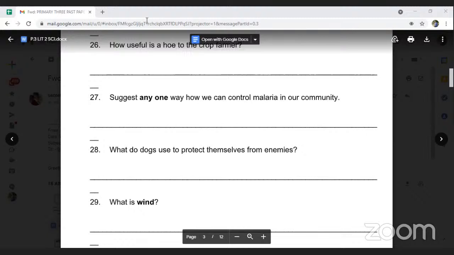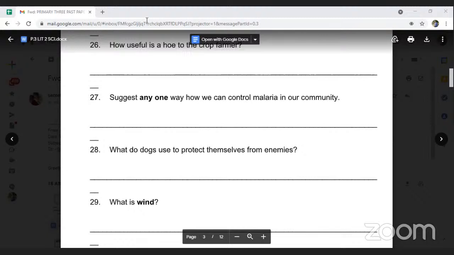As simple as that. Then you can also say draining away stagnant water in the compound or in the community. Because when water is stagnant, mosquitoes will lay their eggs there, and then those eggs will hatch to become new mosquitoes, which will spread malaria.